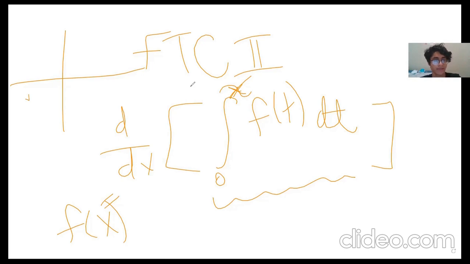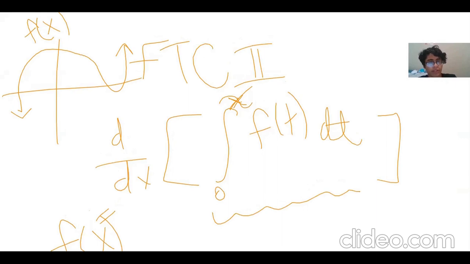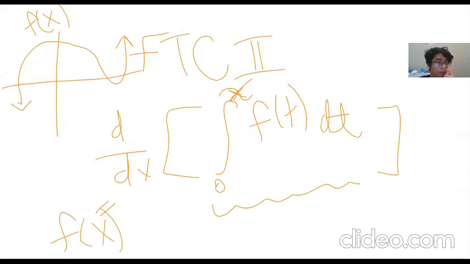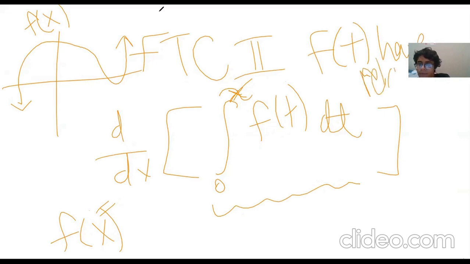then this has some very important applications in curve sketching. And maybe if this is the graph of f of x, you're asked maybe where does capital F of x or maybe capital F of t have absolute relative maxima, right?